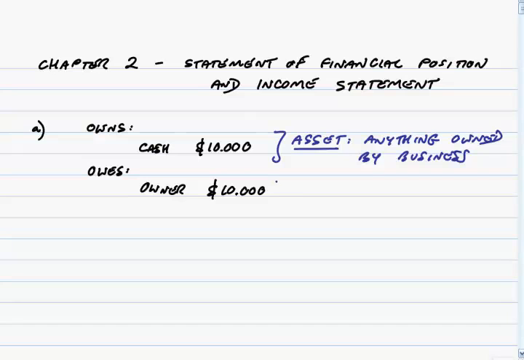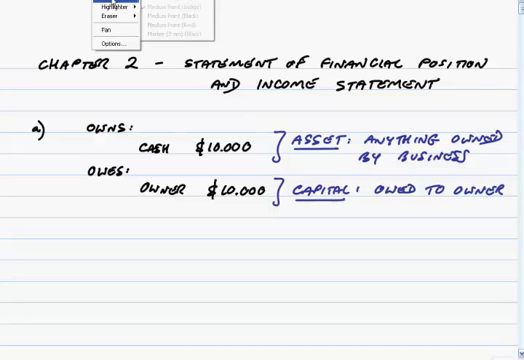Well, we call that capital. And the definition of capital: capital is anything owed to the owner. So there we are. After the first transaction, assets, cash $10,000, capital owed to the owner $10,000. Let's move on and look at the second.